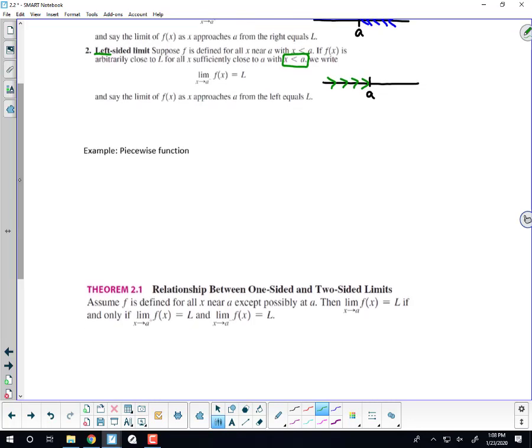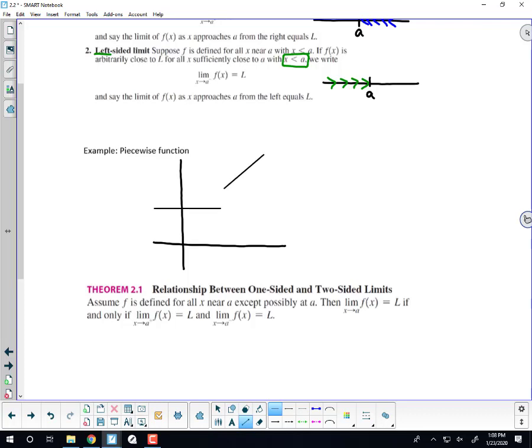Yeah, so let's just draw out a piecewise function here. So just whatever, we have these two pieces that aren't connected.